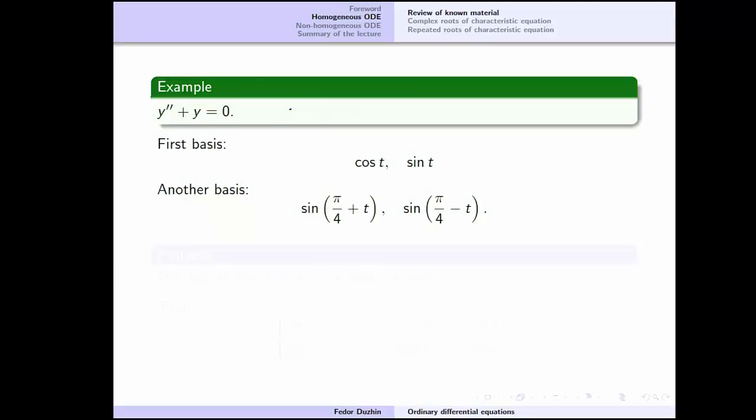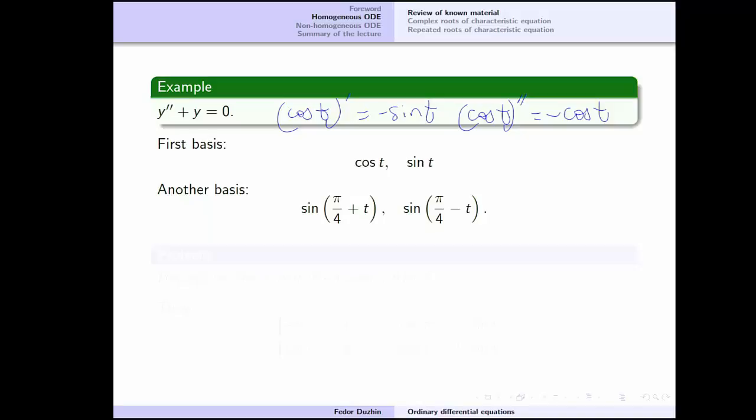For example, the derivative of cosine t is minus sine t. The second derivative of cosine t is the first derivative of minus sine t, so it is minus cosine t. Of course, cosine t plus minus cosine t is 0, so it does satisfy the equation.